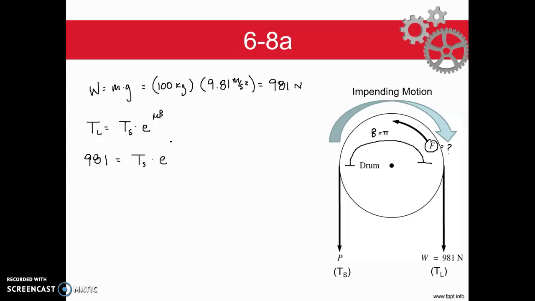Mu was given in the problem statement as 0.3. I'm going to use brackets just to emphasize that we need to find this product first and then take e to that power. So mu is 0.3, that was given, and beta is 180 degrees, but we have to convert that to radians. We cannot put 180 into this equation, it will not work. So it's pi.